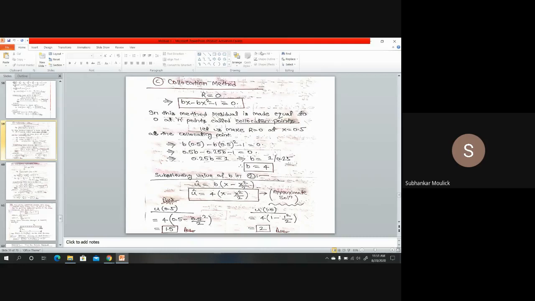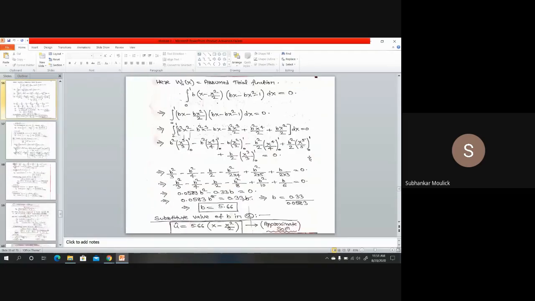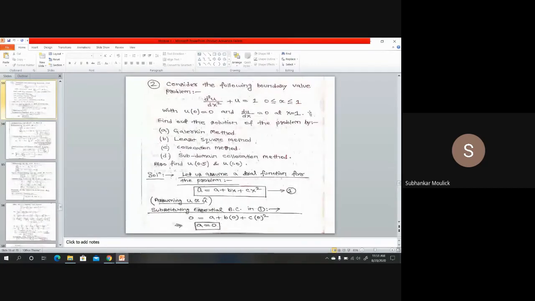And in the point collocation method, how do we minimize the residual? We minimize the residual by equating the residual R equal to 0 at n number of collocating points. In the given differential equation it is very clear that the collocating points will vary from 0 to 1, because this is the maximum domain of the problem.